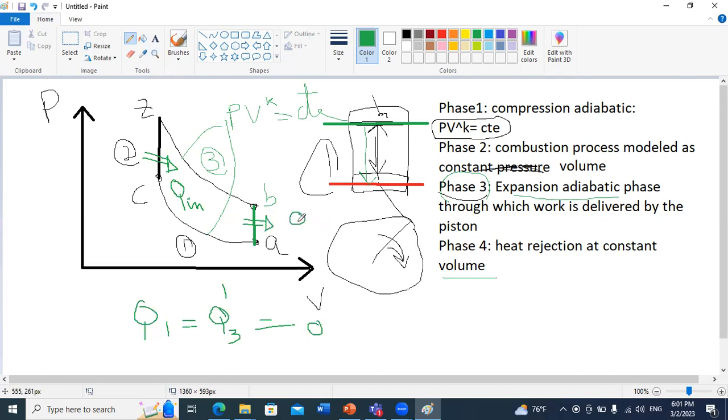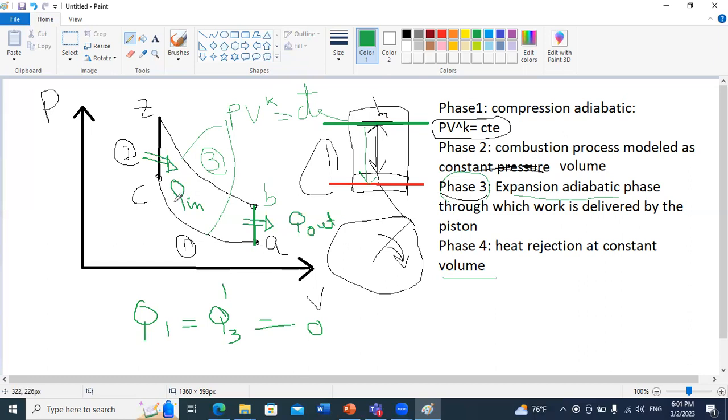Now, during the compression and the expansion, if you want to do the analysis, what will happen? This system will not exchange heat, but it will exchange what? Work. Because we have seen that energy between a system and the surrounding can be exchanged either through heat or through work.